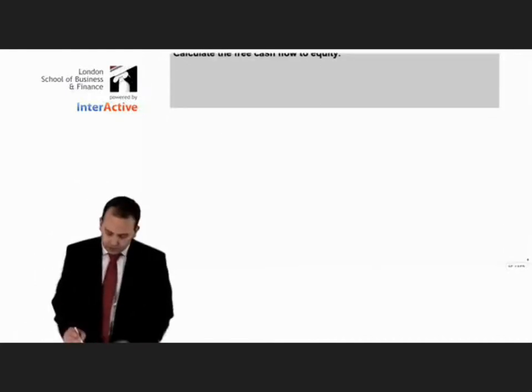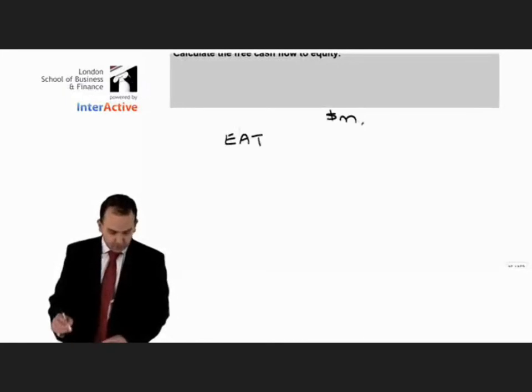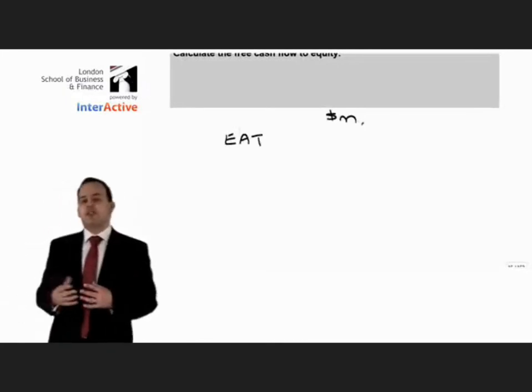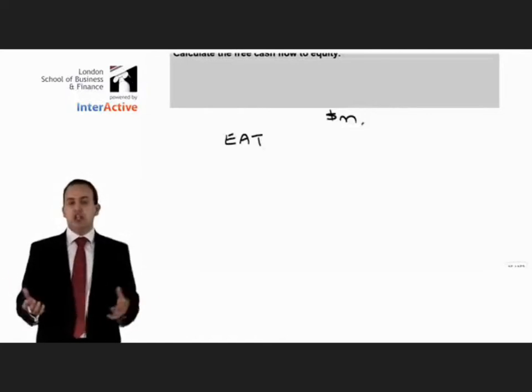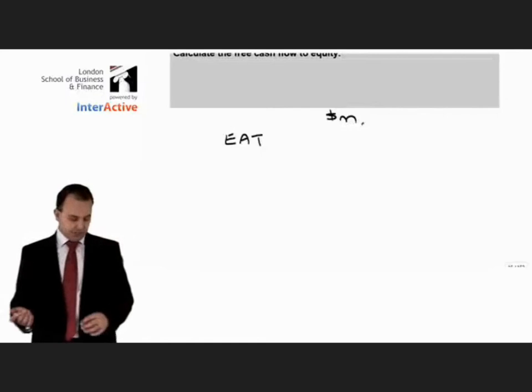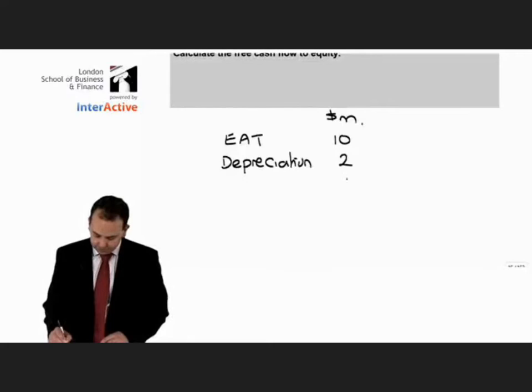So, if we start off with the company's earnings after tax, this has already taken into account the earnings before interest and tax, the interest that's going to be paid, and the taxation. The only real adjustment we need to make to this initial figure is to adjust it for that depreciation charge. So, if the earnings after tax is 10 million, we simply need to add back the depreciation charge that has been included of 2 million.